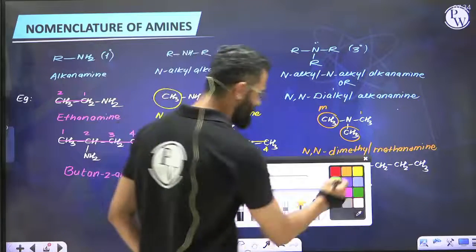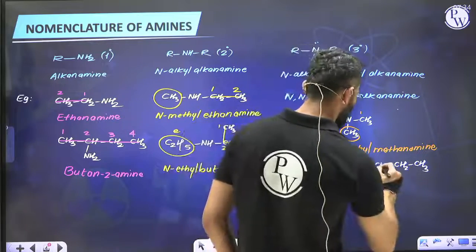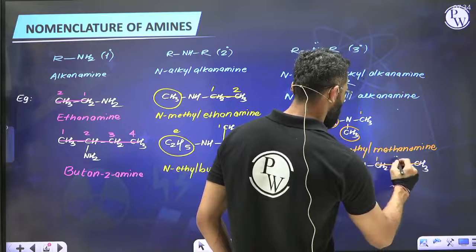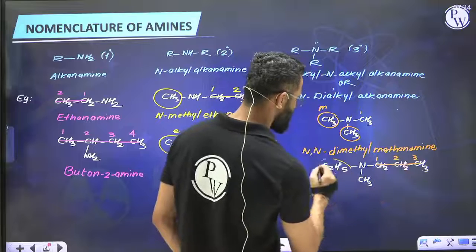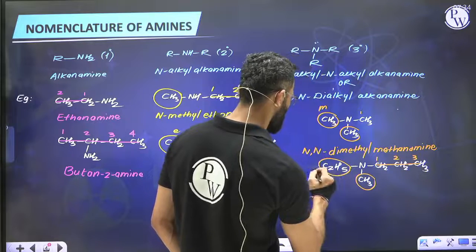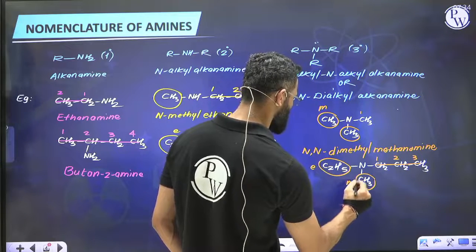Now here, that's a parent chain where the functional group nitrogen, that is amine, is present at 1 of the propane parent compound. Ethyl and methyl, see alphabetically this is ethyl, this is methyl, are the 2 substituents.